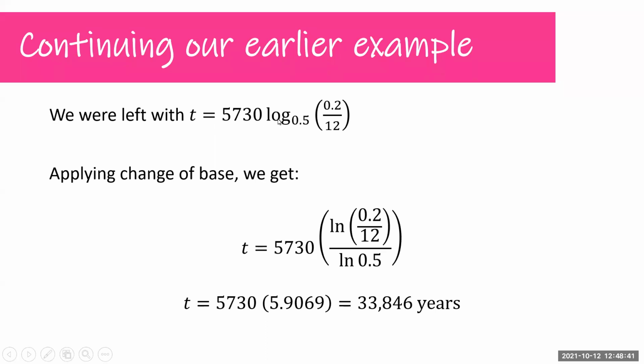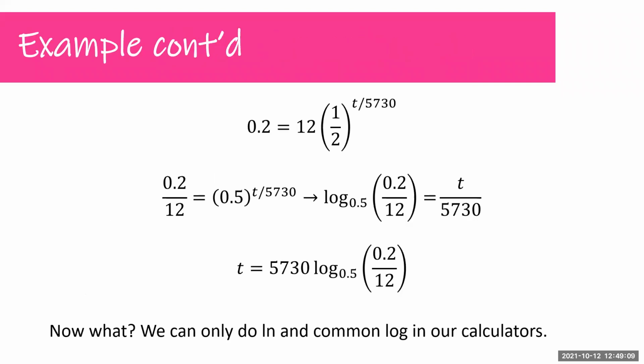The 5730 stays out the front, but now we're going to have natural log, if you want to use natural log, of 0.2 over the natural log of 12. So putting that in there, we get 5730 times these natural logs, which is going to give us somewhere around 33,846 years.